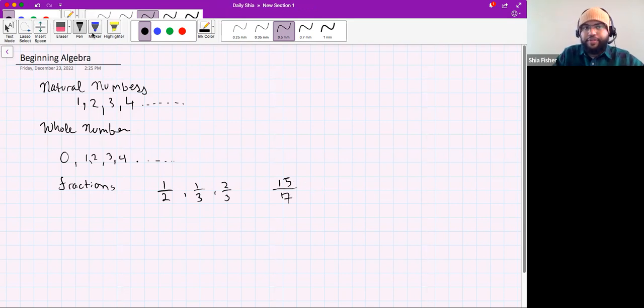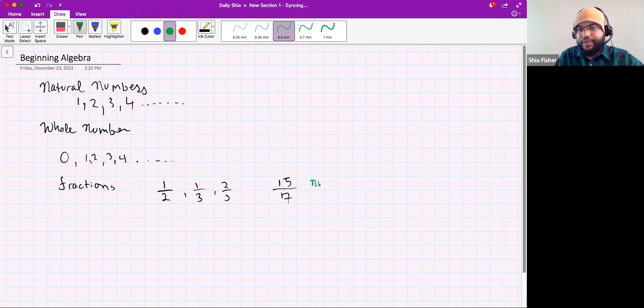So we have labels for these things. On top, this is the numerator. And then on the bottom, you may have heard these terms before, but now we can see what they are. Denominator. But basically, you just remember the numerator is the number that goes on top. Denominator is the number that goes on the bottom.